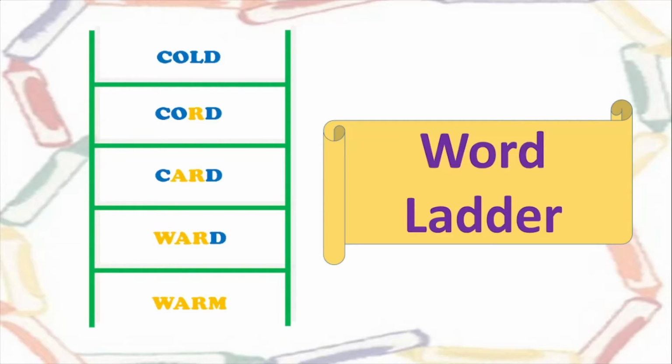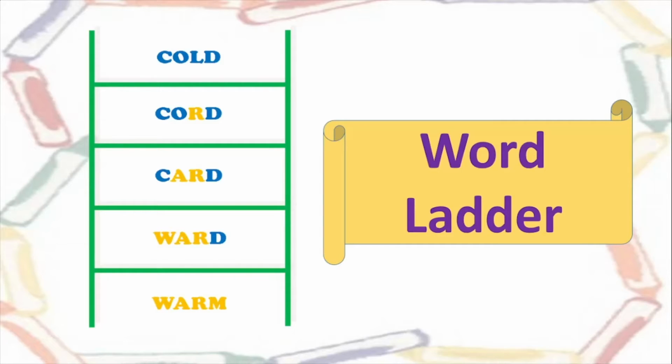If you take a proper look at this word ladder, you will see that at the top of the ladder we have a particular word, which goes on changing as you come down each step. How does this word change? This word changes because one letter undergoes a change in each of the steps.